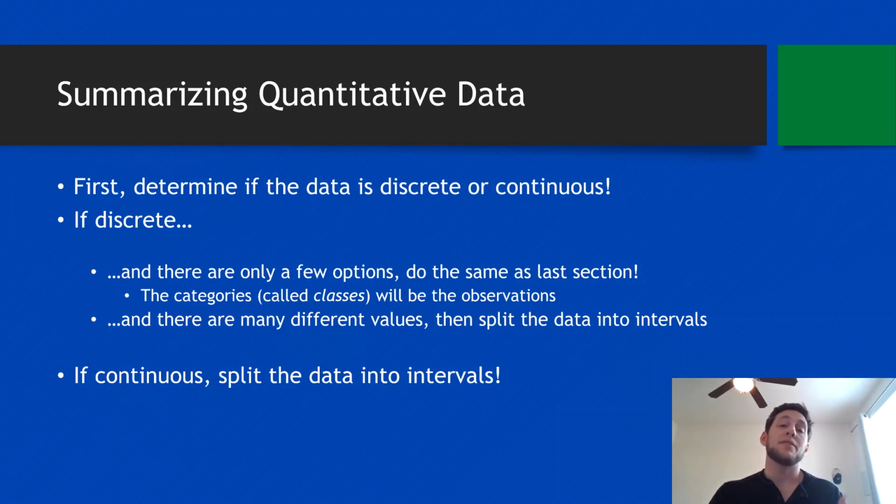Now, it turns out, by the way, if you're continuous, we're just going to split the data right away. There's just too many answers. You can't list them all. Now, instead of the word categories like last section, I'll be calling these classes this section. I might trip up and call them categories, but we should be using the word classes when talking about quantitative or number data.